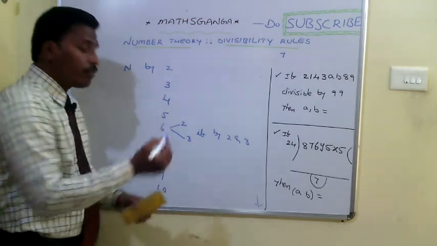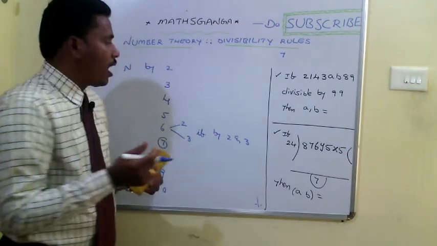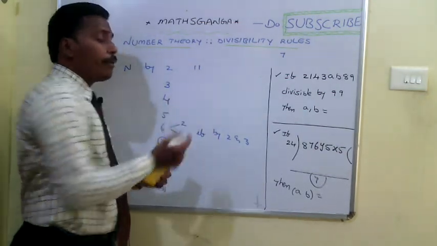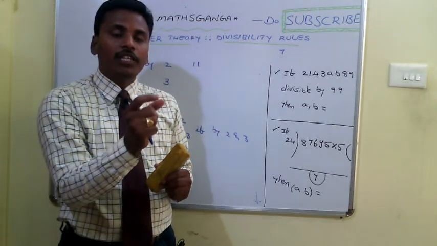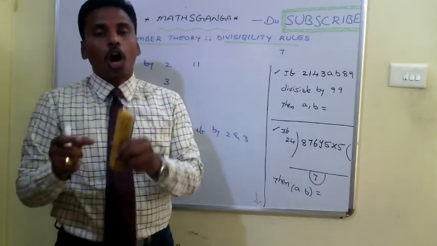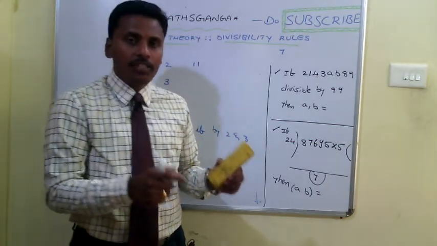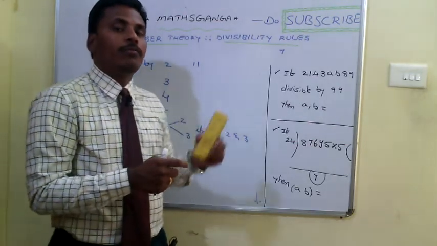A number is divisible by 10 if its last digit is 0. And coming to 11, a number is divisible by 11 if the difference between the sum of the digits in the even places and the sum of the digits in the odd places is either 0 or a multiple of 11, then we say the number is divisible by 11.